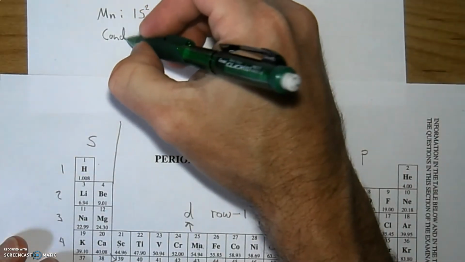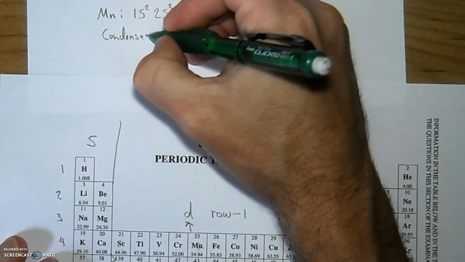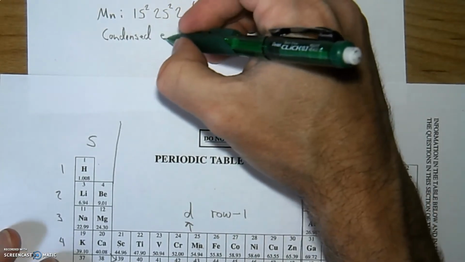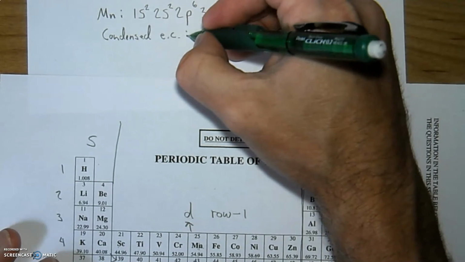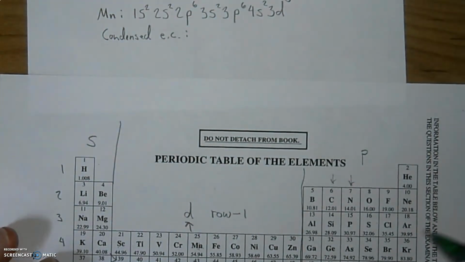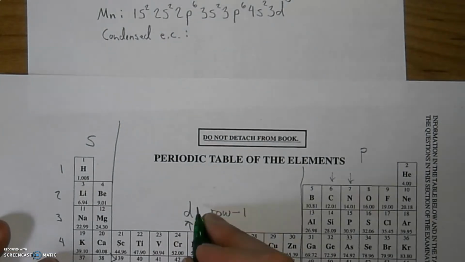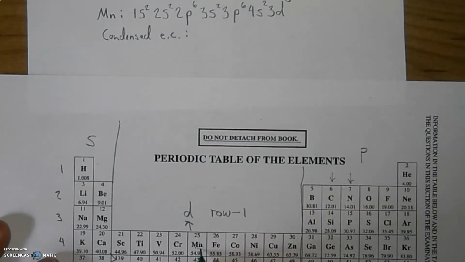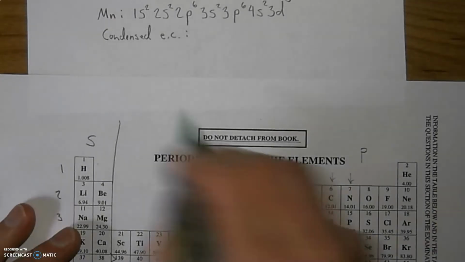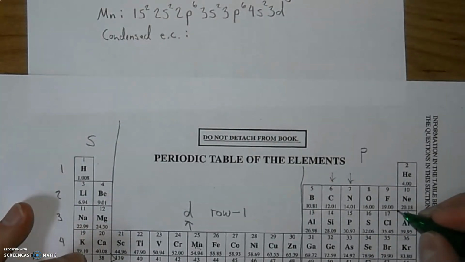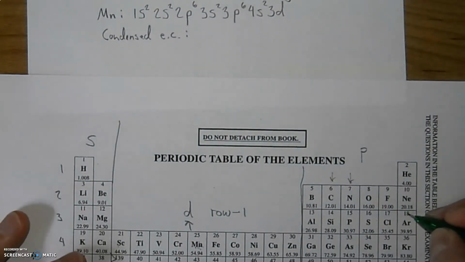Now, we can also write a condensed electron configuration, because that's a pain. Let's write it like that. What we can do is sum up everything in the rows above the one the element is in, based upon the end of the line. It's called noble gas configuration, sometimes condensed, but noble gas configuration. So argon can summarize everything above it.